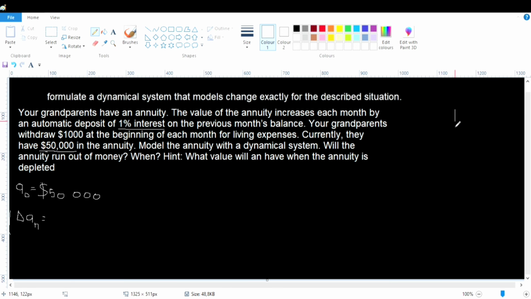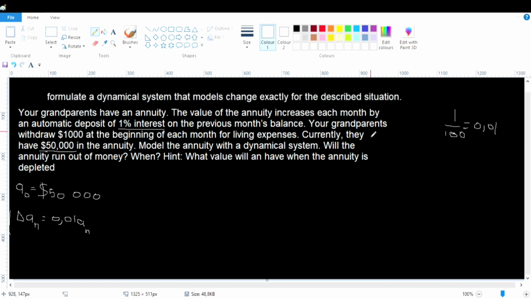Let's take interest 1 and divide it by 100. The answer is 0.01. Then here I'm going to write 0.01, then I'm going to write A sub n.